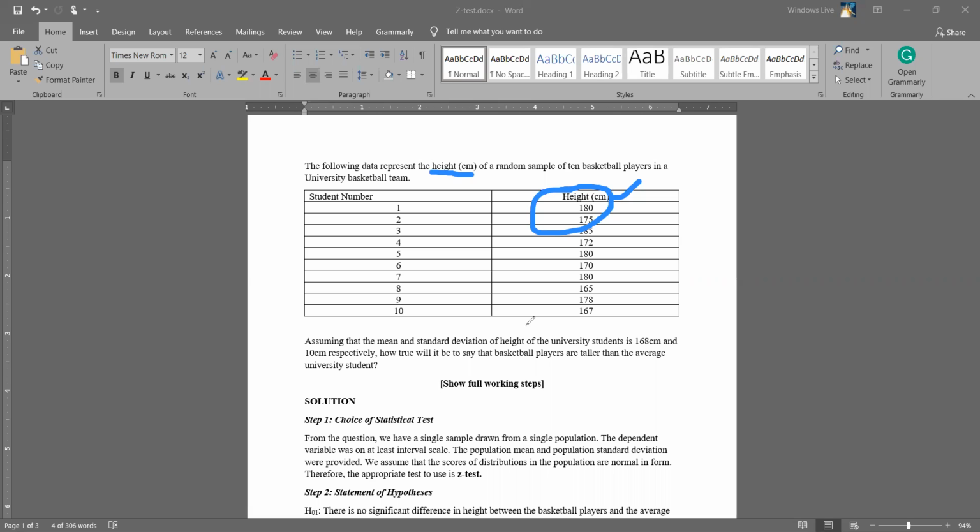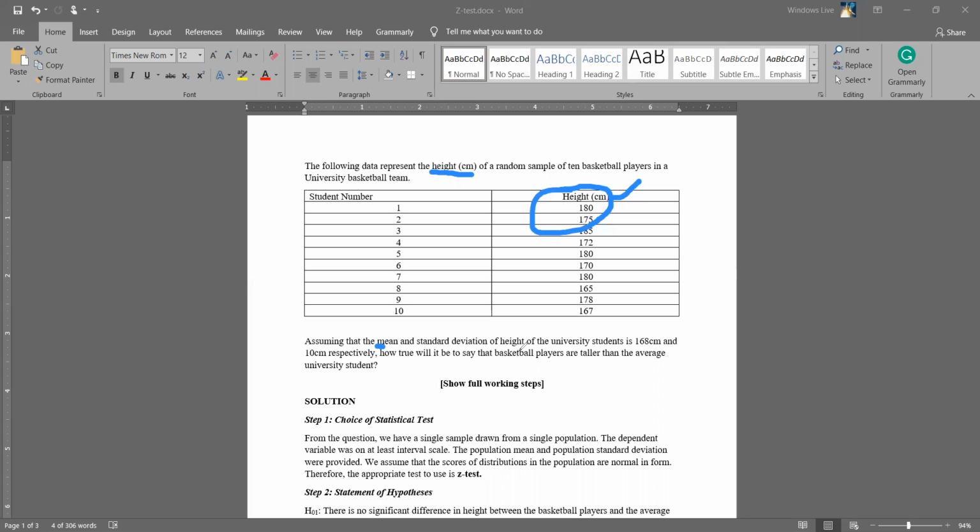The third assumption for z-test is that the population mean and the population standard deviation should be given in the question. They indicated here, "assuming the mean and standard deviation of height."